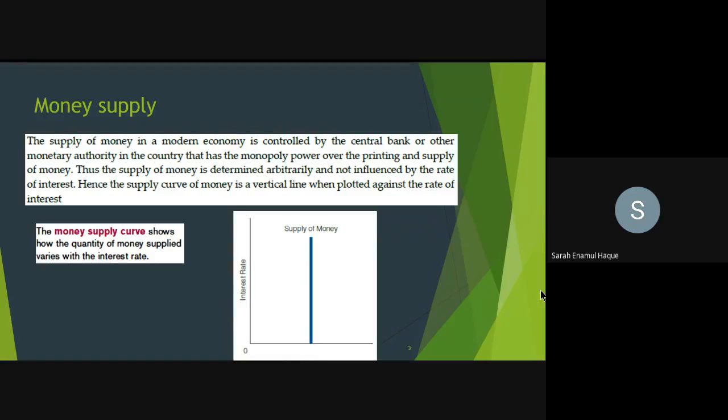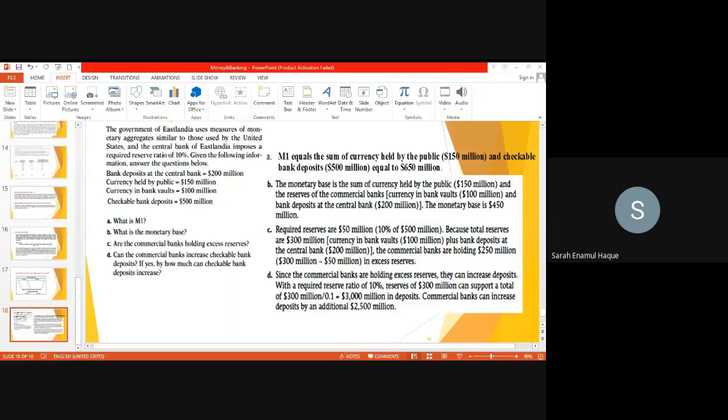Hence, the supply curve of money is a vertical line fixed at some quantity. How much will be supplied is decided by the central bank. It doesn't change with interest rate. Interest rate has no effect on the supply curve of money.